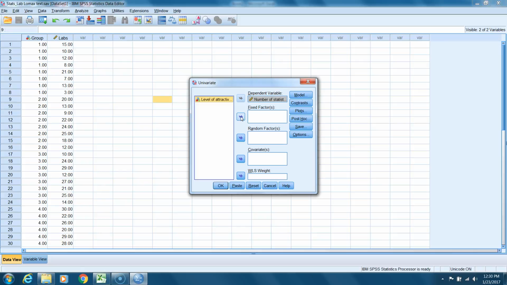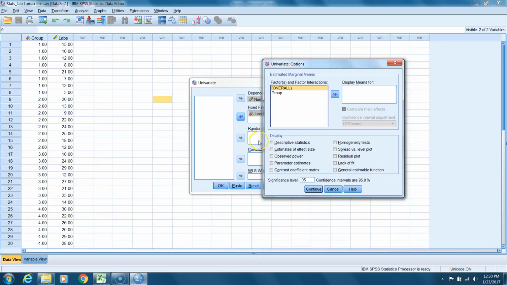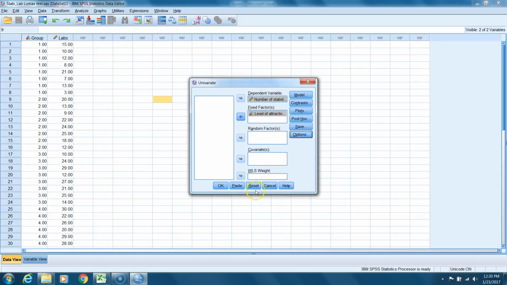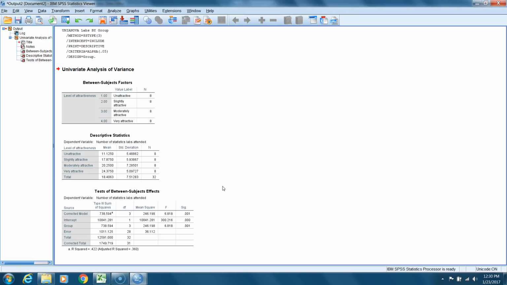And as options, we'll get descriptive statistics just so we can see raw score effect size, which is really just the difference between means. So I'll hit continue and click OK. Great.